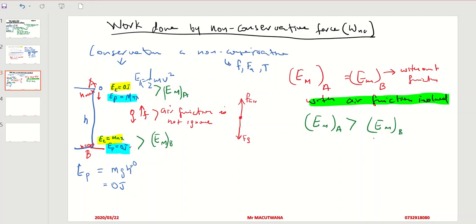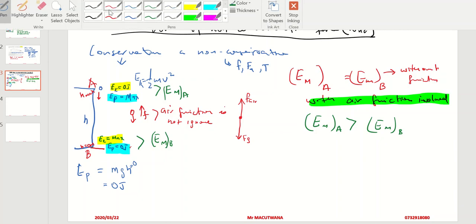I hope you get that. Why are we saying it is bigger? Here at A, the object hasn't moved, it has not experienced any air resistance. It is going to experience air resistance as it falls. Remember, this air resistance, we can refer to it as friction.